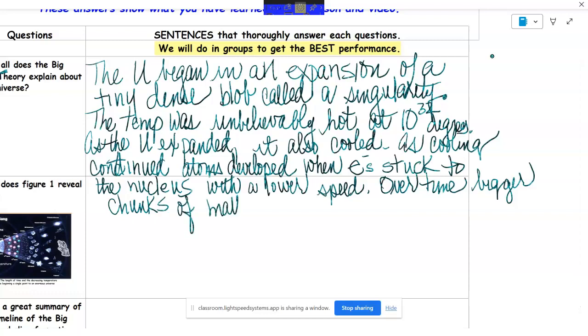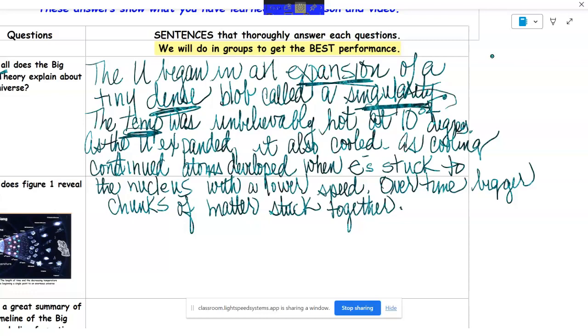What I'm demonstrating here is how to construct a paragraph that explains it from beginning to end, but in a very simple way. It uses the word expansion. It uses the term singularity, dense. It talks about temperature.